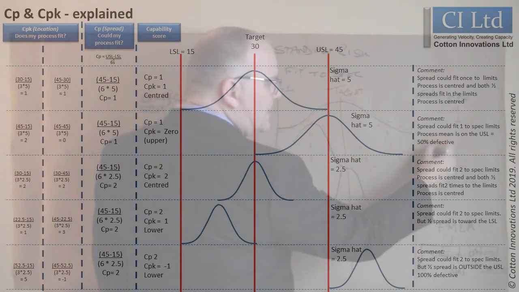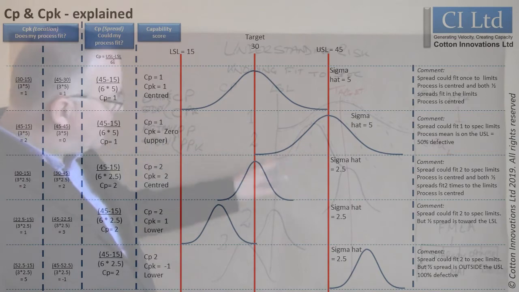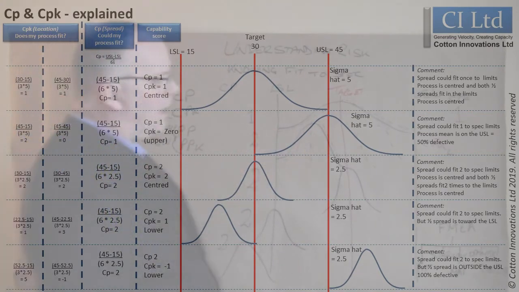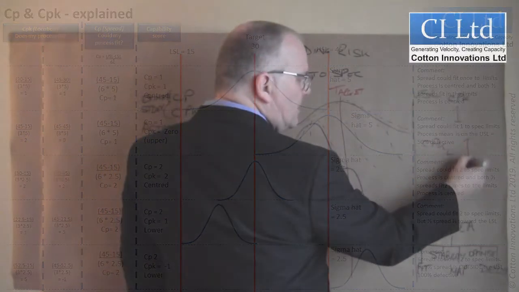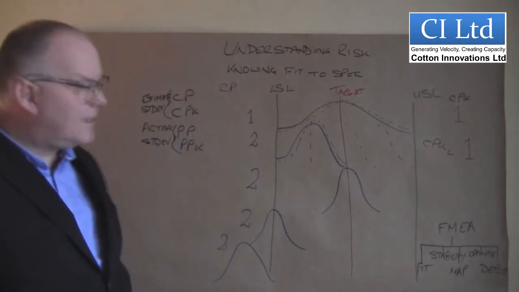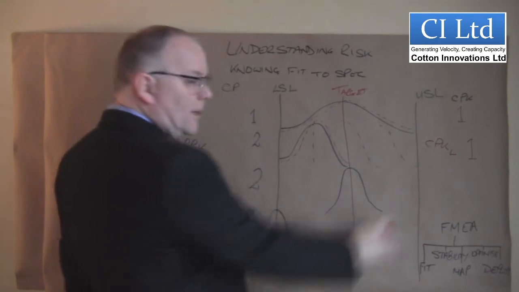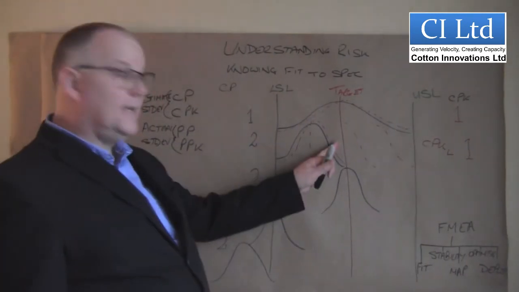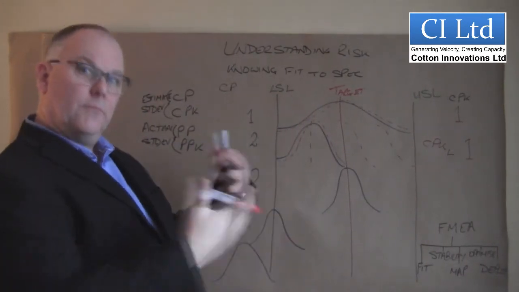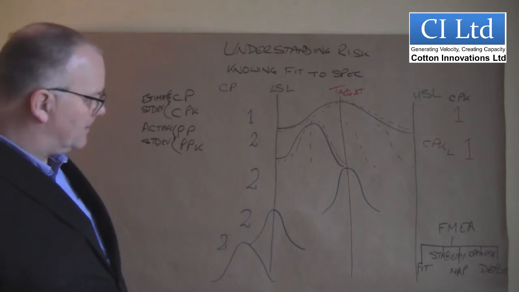So I would quote the CPK lower because we're now talking about this limit here, the lower specification limit. It is 1. Why is it 1? Because this half fits once, this half fits 3 times, and I'm telling you that my data is towards the lower limit. The bulk of my data is towards the lower limit.